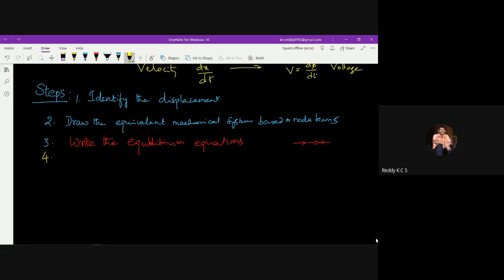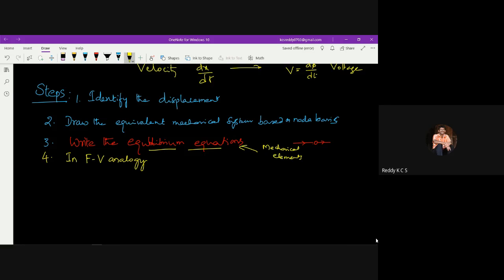Then the fourth step: suppose we are using the FV analogy. We need to find the replacement of this equilibrium equation, because the equilibrium equation is written in terms of mechanical elements.